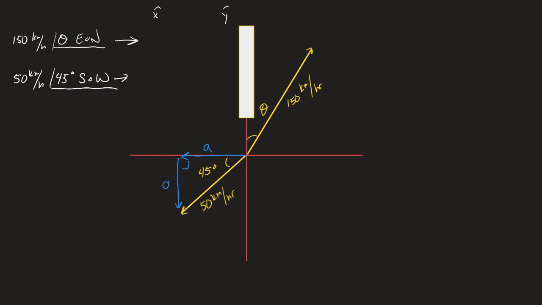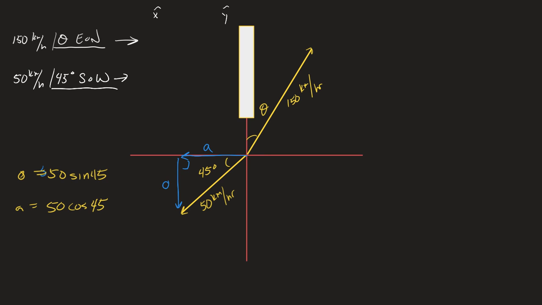So the opposite side is 50 sine 45. And the adjacent side is 50 cosine 45. And since sine and cosine are both the same, I only need to do this once. I think it comes out to be like 35.5 or 35.4.